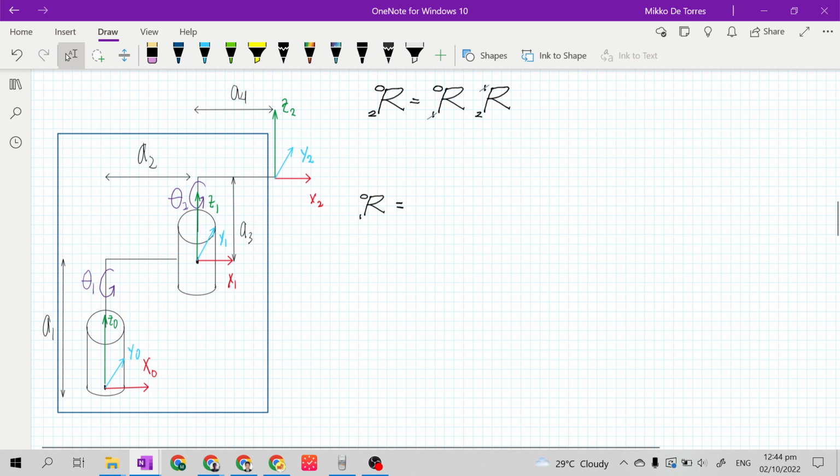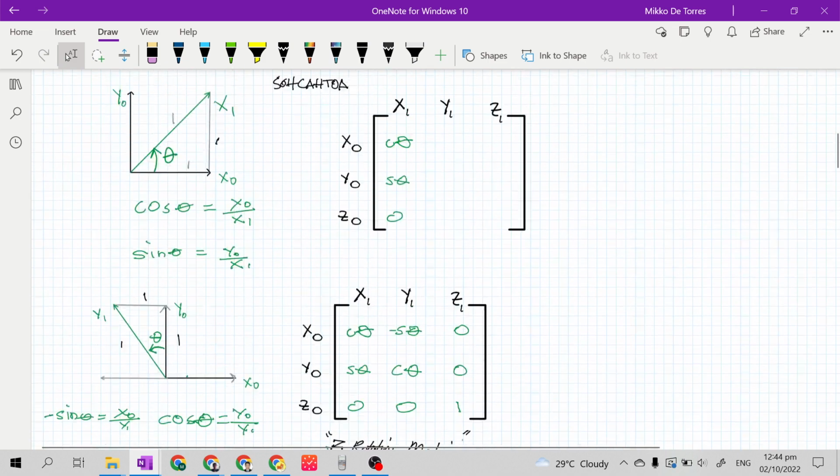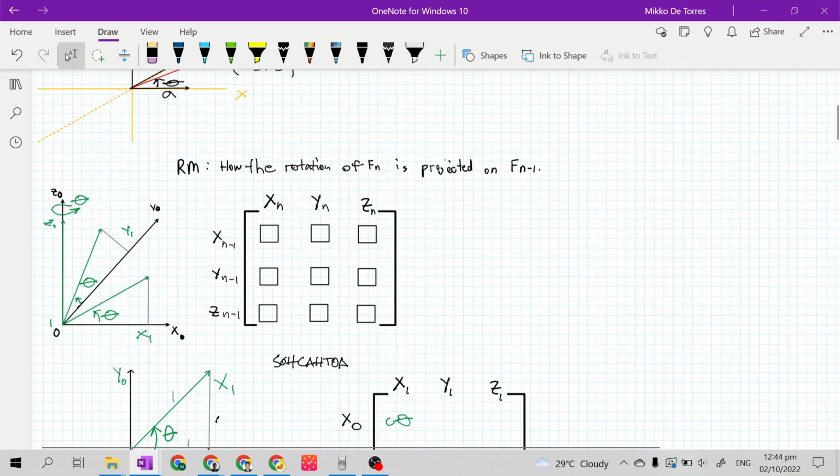We will look first at theta 1 because it is the first rotation angle. Theta 1 is the rotation angle of frame 0 and frame 1. If there is a rotation at frame 0, frame 1 will move, just like in our previous example.